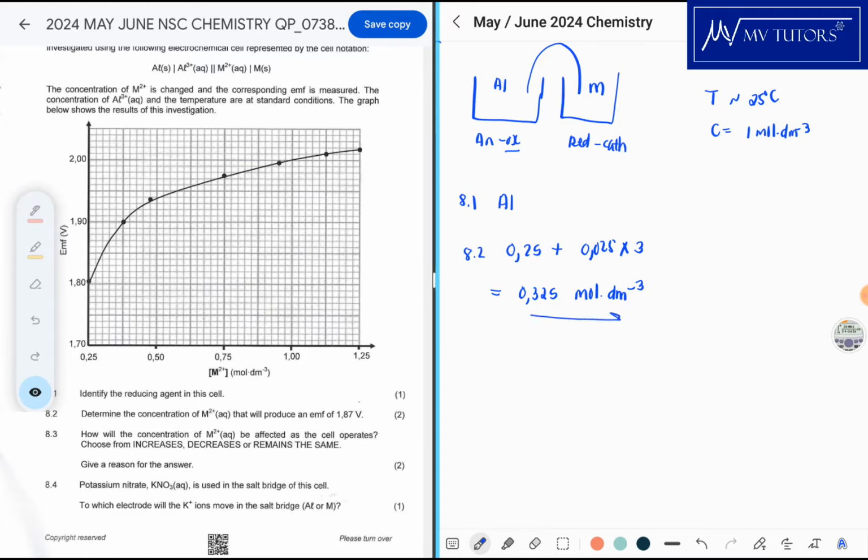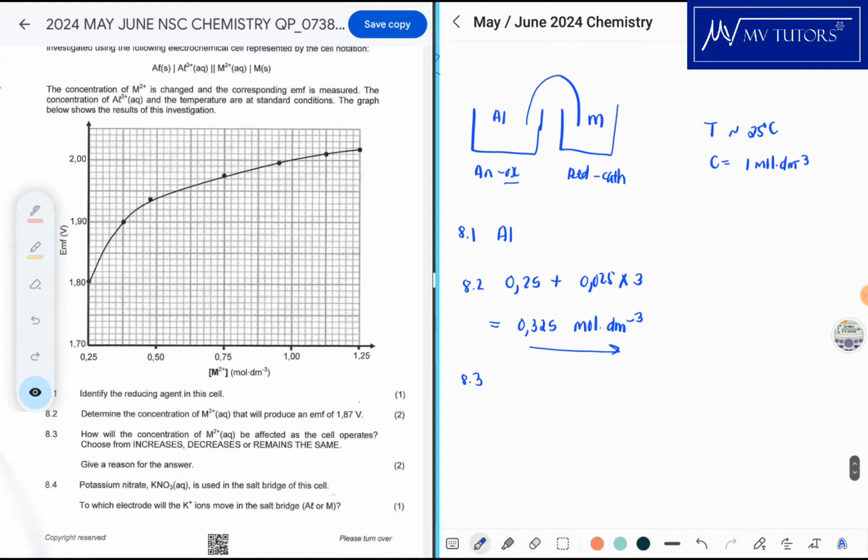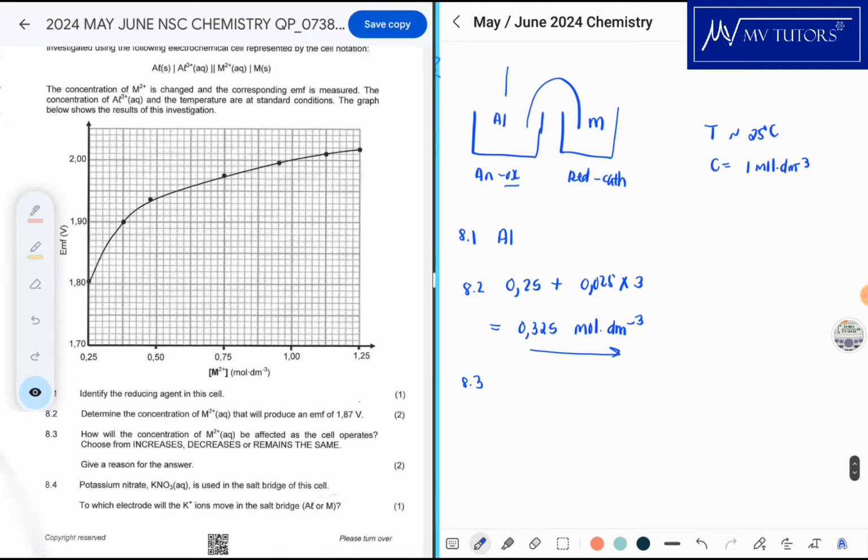And then the next question, 8.3. How will the concentration of M2+ ions be affected as the cell operates? Remember, this is our cell, and these are electrodes. I'm drawing this incorrectly, but the electrons flow in that direction.